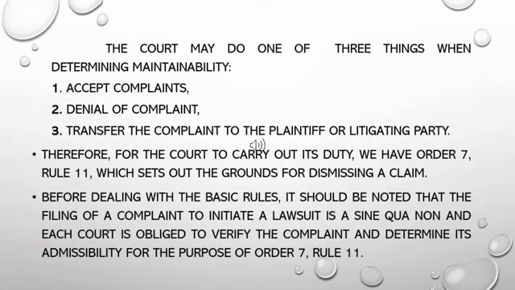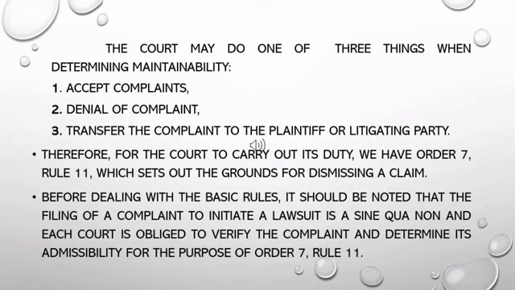And coming to the third one, which is most important, the transfer of the complaint to the plaintiff or litigating party, where the plaint mentioned under Order 7 Rule 11 has to be cross-checked on all the points mentioned in the complaint, so that the court can carry out its duty easily. So we have to check the grounds for dismissing a claim, when the dismissal of the complaint has to occur.